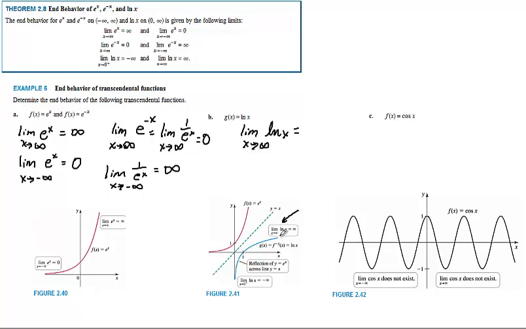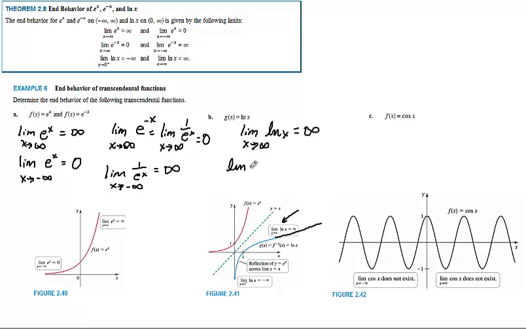This function is getting larger and larger slowly, but it is getting there, so it will go on to infinity. But now, because of the way the natural log is defined, it doesn't go to negative infinity. Its domain just goes to almost 0.